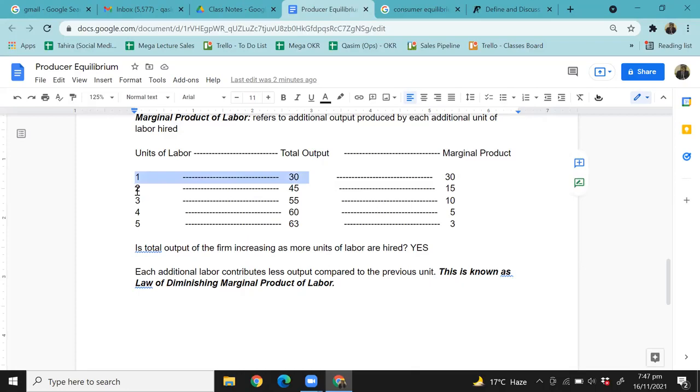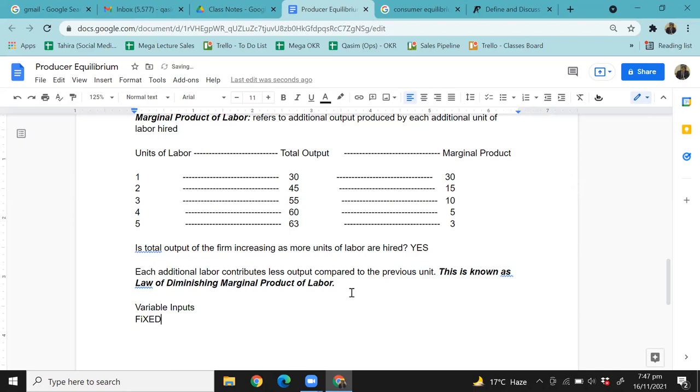We are not going into that detail at the moment, but there are variable inputs and then there are fixed inputs. A variable input is any resource that can be easily increased and decreased in the business, and then you have fixed inputs.